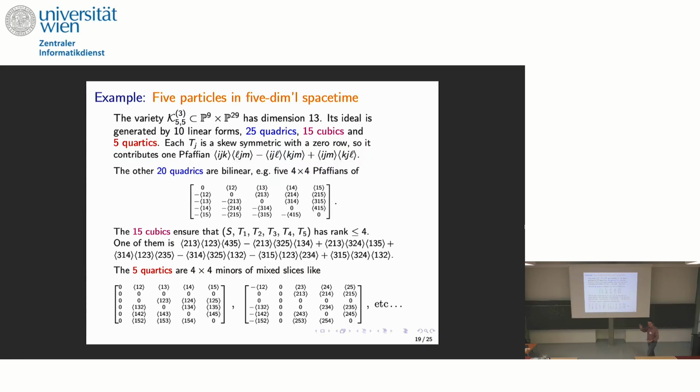So I have the first projective space just for order 2 spinor brackets, and the second projective space for all the order 3 spinor brackets. And this describes the ideal very explicitly. So K 5, 5 says I have 5 particles, massless in a 5-dimensional space-time, and this is the ideal of all relations. Okay, so with 5 minutes to go, yes, Sandra.